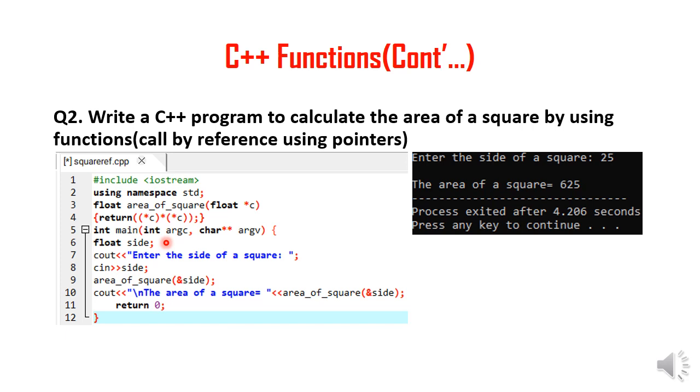That is the reason why we don't initialize the variable side to any value, but we write a C++ statement allowing the programmer to enter the value from the keyboard, so that we call the function by giving it the address where to find the value that the function uses to calculate the area of a square.